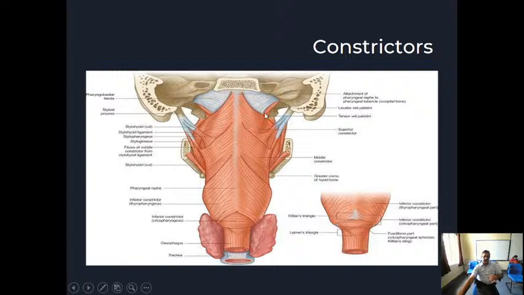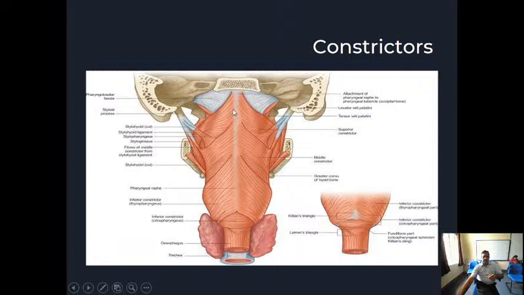Now, this is a view from behind, and this is the base of skull, and there is a pharyngeal tubercle, from where a midline fibrous band is attached. The superior constrictor, middle constrictor and inferior constrictor muscles are like three parts put one inside another.